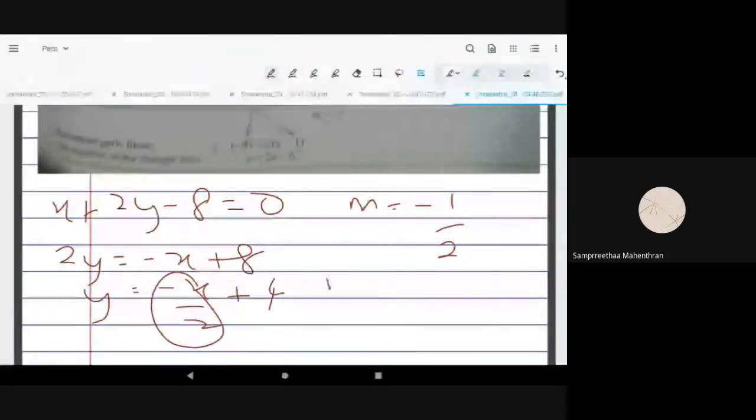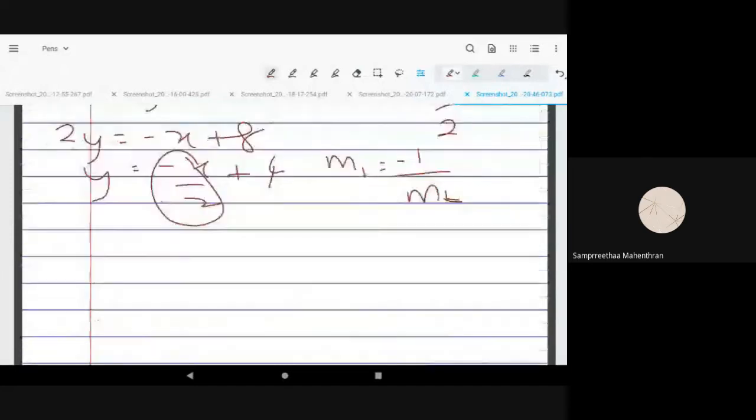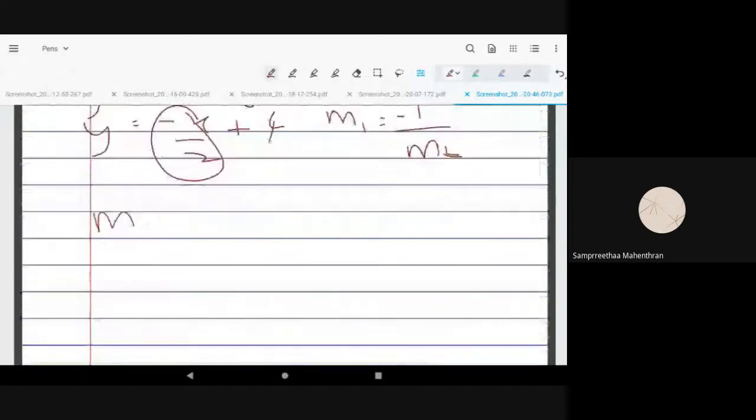So we know that m1 equals -1 over m2, so m1 m2 equals -1. M1 we already have, -1 over 2.